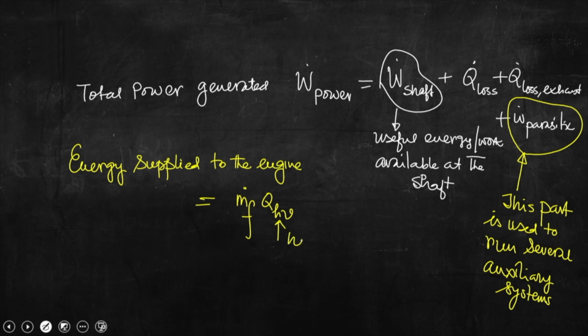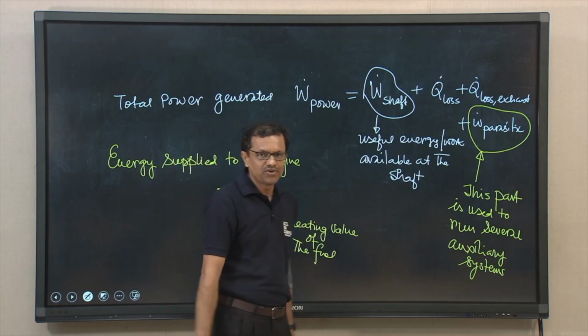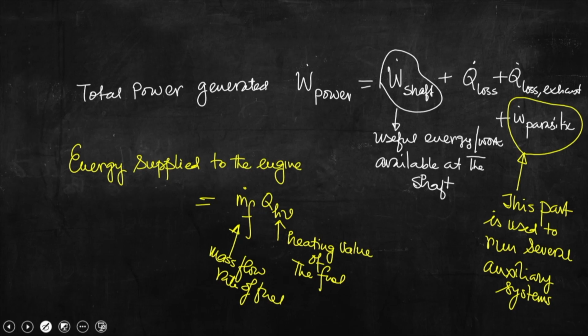So, this is heating value of the fuel being supplied, and this is mass flow rate of fuel. So, out of this energy, which is nothing but the chemical energy which is remaining stored in the fuel, we are essentially getting this much of energy, useful energy.